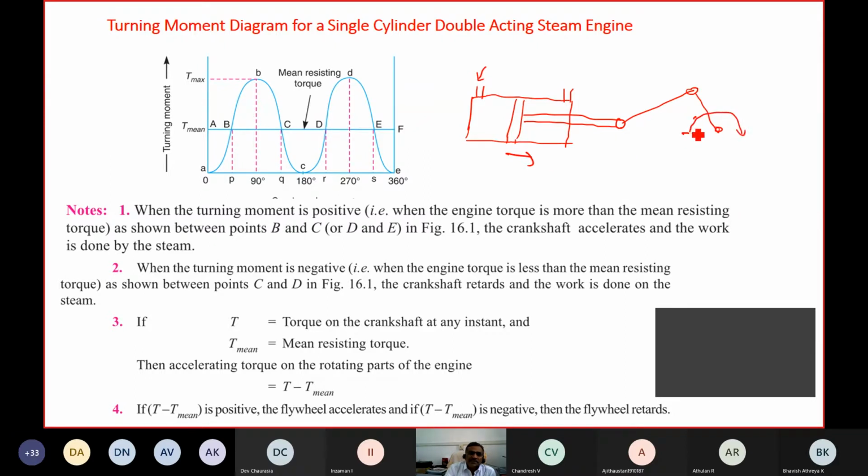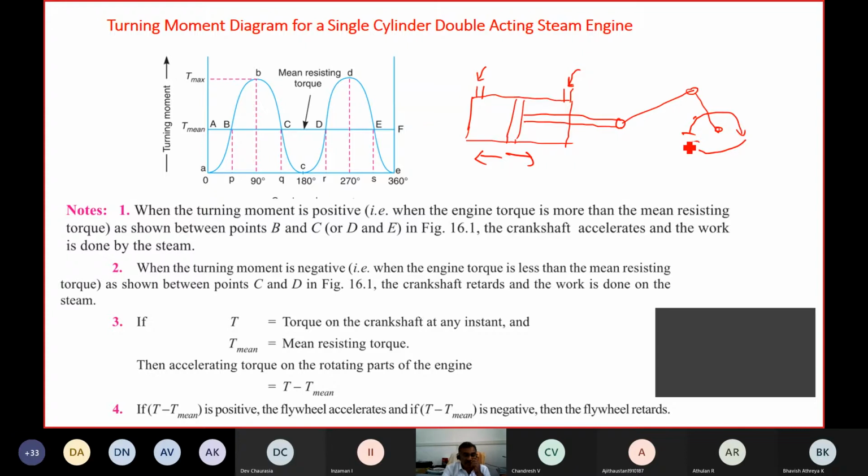When the steam goes into this in this direction, the piston will move towards the left. The crank will be rotating from 180 degrees to 360 degrees. The same will repeat. This is one cycle.